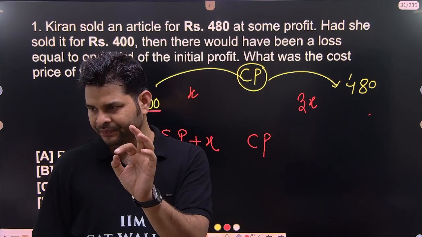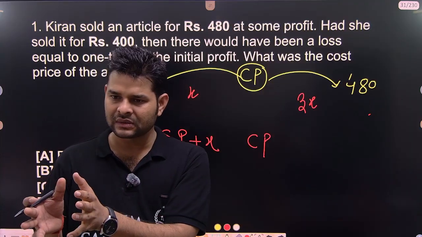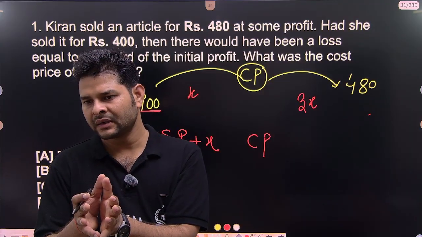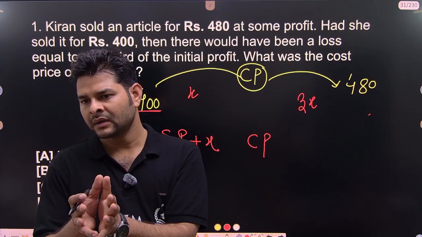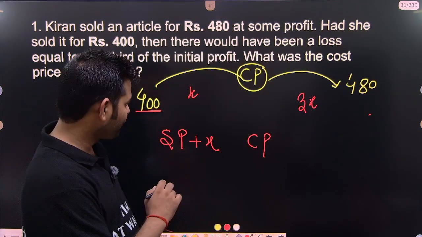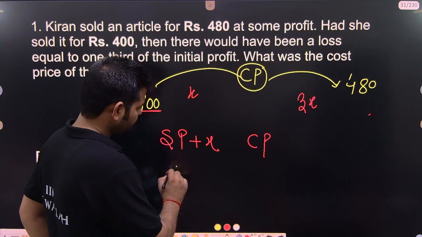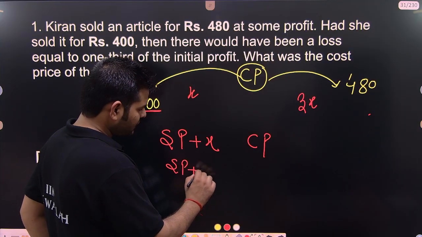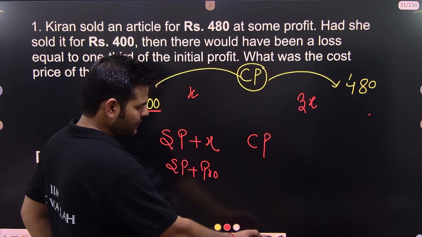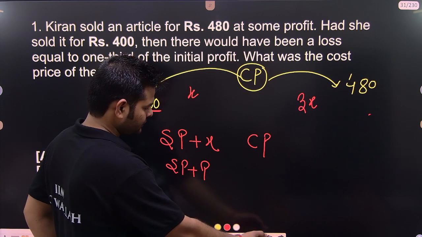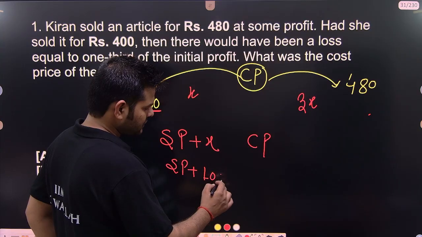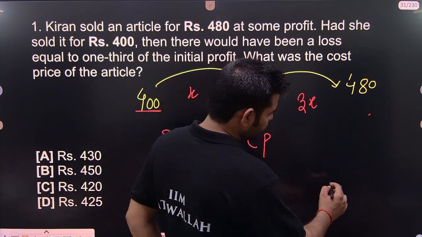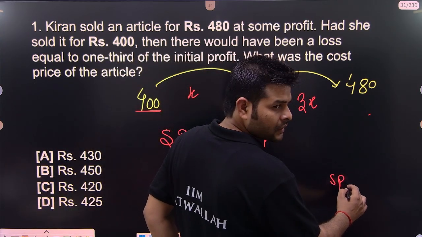The first is SP plus loss. The second is SP minus profit.